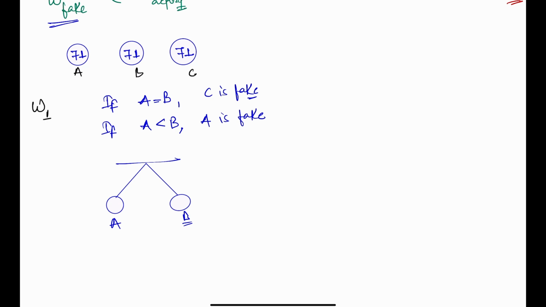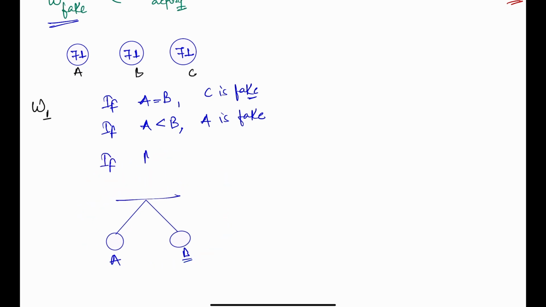Similarly, if B is less than A, then B is fake. And not to mention, all are having 71 coins.